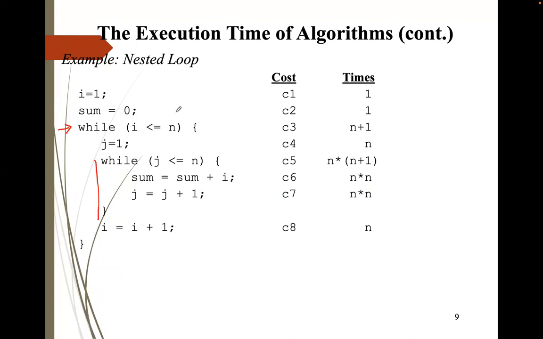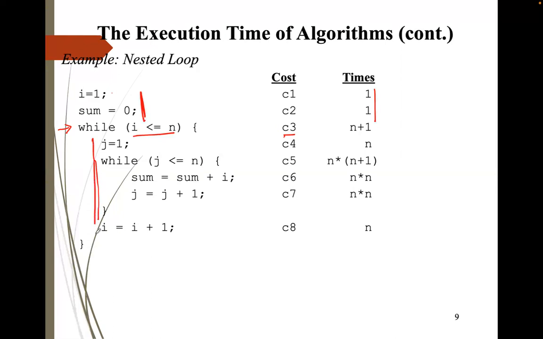So let's see here. These are a simple set of instructions, so these 2 lines are going to run only 1 time. Here we have the outer loop. The cost of this statement is C3, but it is going to run n plus 1 times.